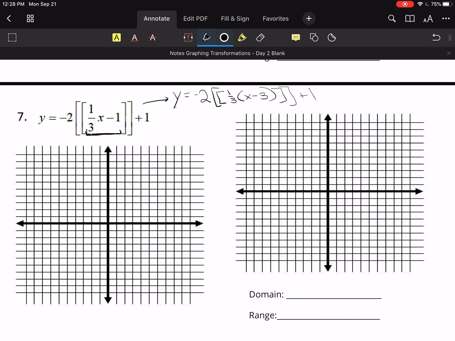So listing out all of my transformations, I would have a equals -2, which would be my distance between each step. And because it's negative, I'm also going to flip. C is 1/3. So that means that my length of each step is really 3. I have h equaling +3, so we're going to go right. And then I have k equaling 1, which means we're going to go up.